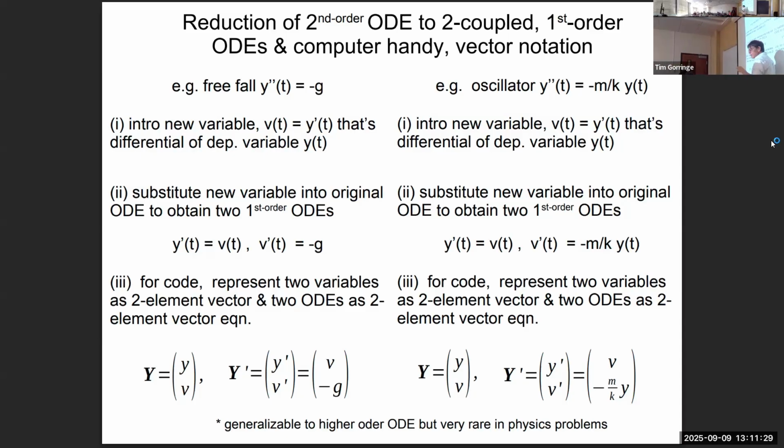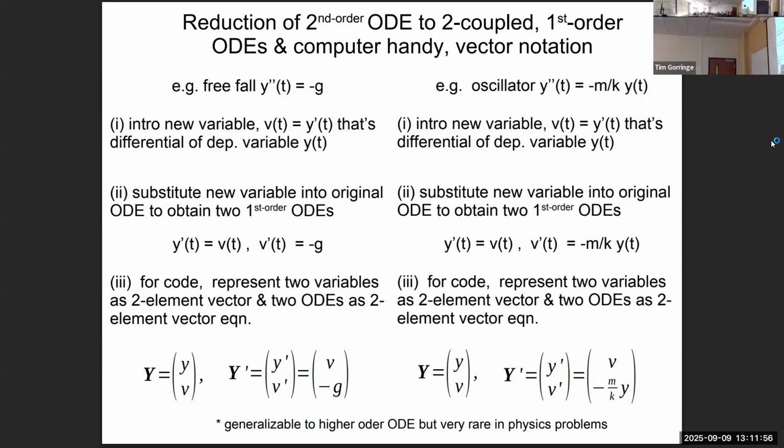The upper component is the position, and the lower component is the velocity. So this is going to be our new two-element variable that incorporates both the variables that we've introduced in the problem. And that's the way we're going to code it. It's very convenient in Python where you can handle vectors.